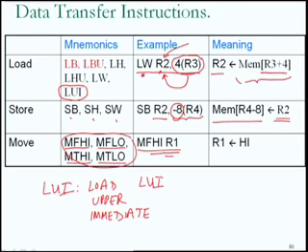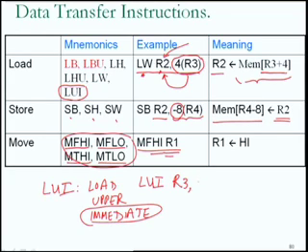So as with any load instruction, the load upper immediate instruction is one that can be used to copy a value into a register. So it must have a register as its operand. The other operand is going to be an immediate value, and in this case the immediate value is going to be a 16-bit immediate value.